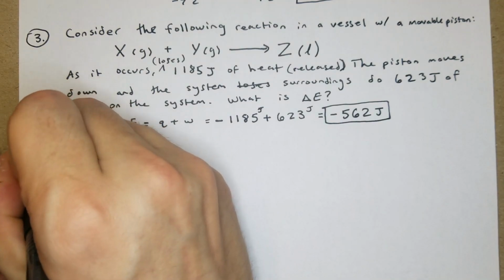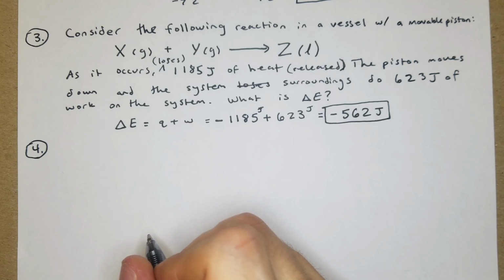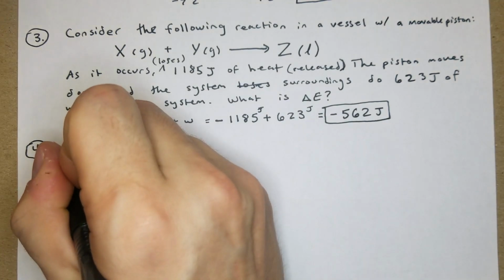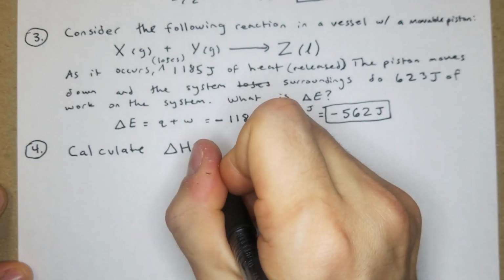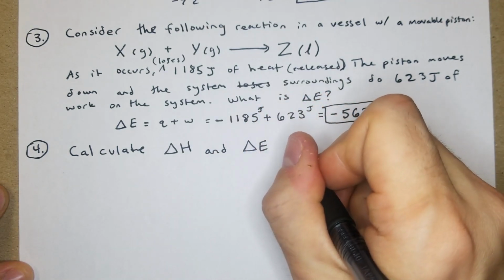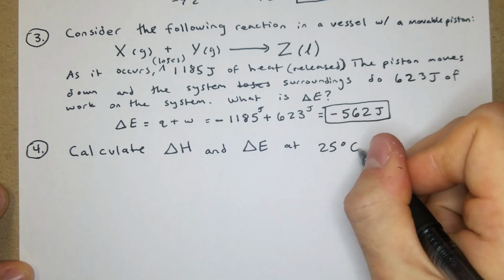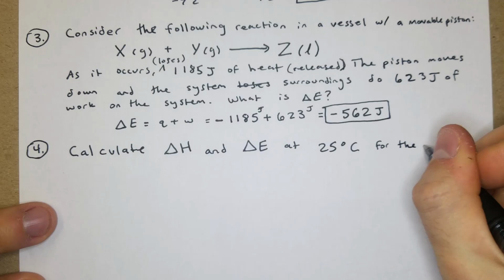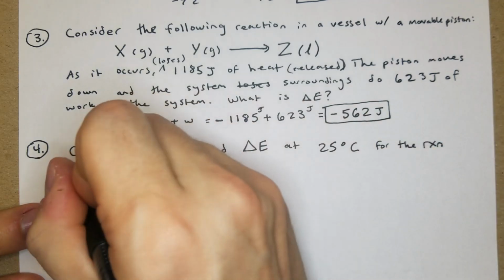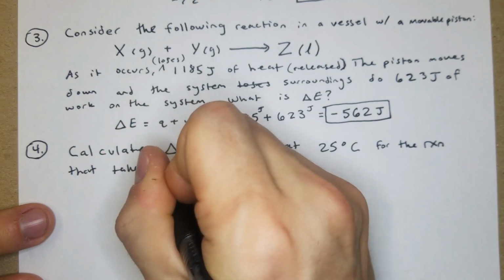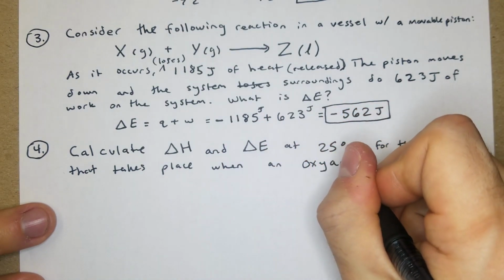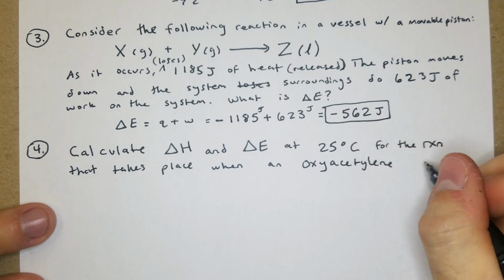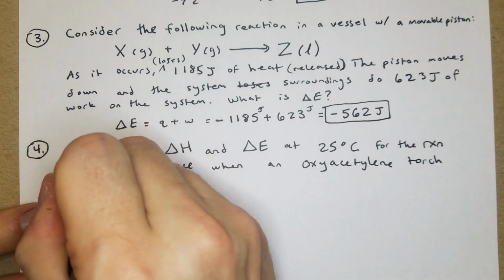All right, so we'll keep moving. Calculate delta H and delta E at 25 degrees Celsius for the reaction that takes place when an oxyacetylene torch is used.